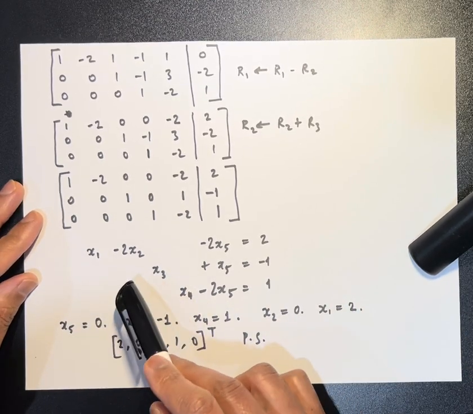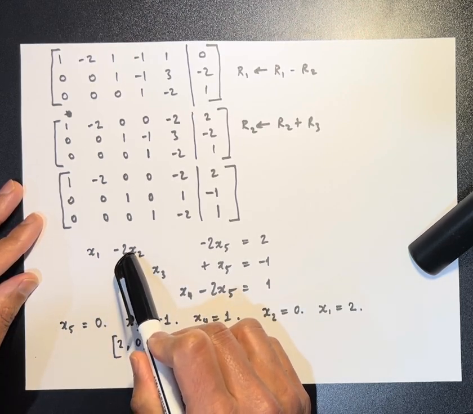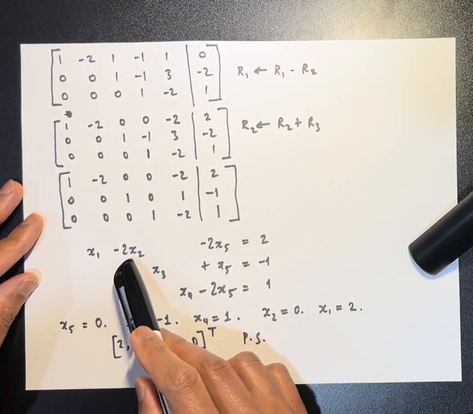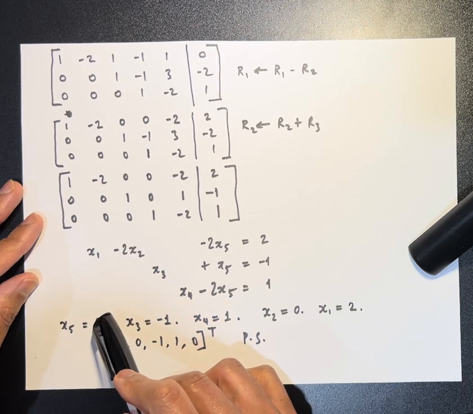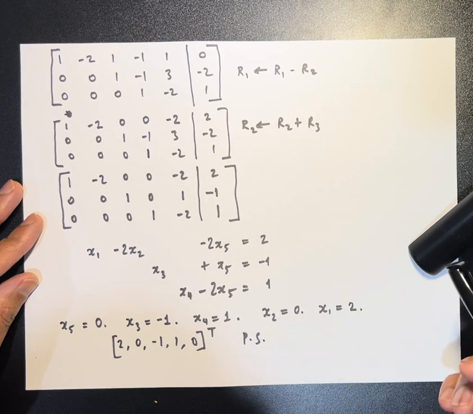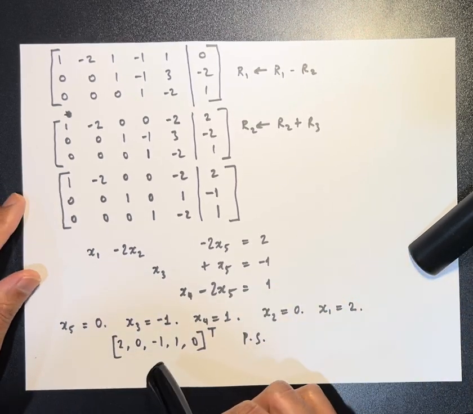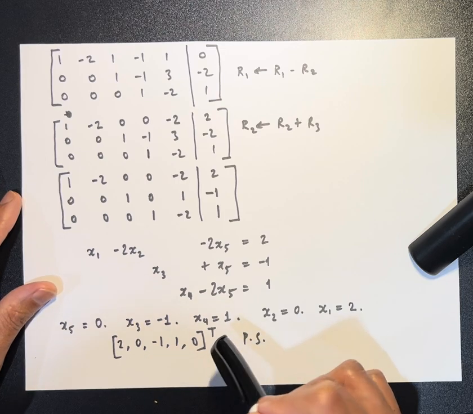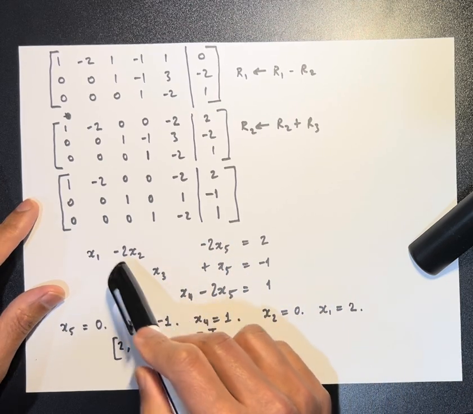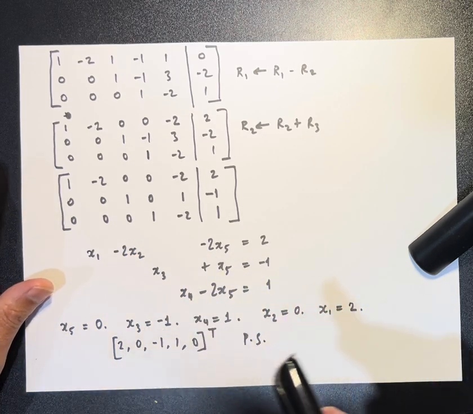For example, let's say you don't choose x2 to be 0, but you choose x2 equal to 1. Then in that case x1 becomes 4, and that becomes the particular solution. So the particular solution is obviously not unique. It's just a convenient and easy solution that you can quickly come up with once you have it in this much nicer form, which we will discuss more in the next video.